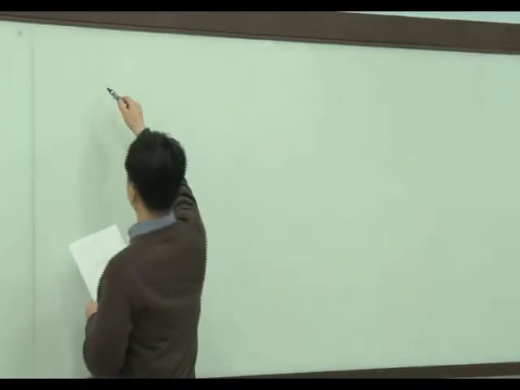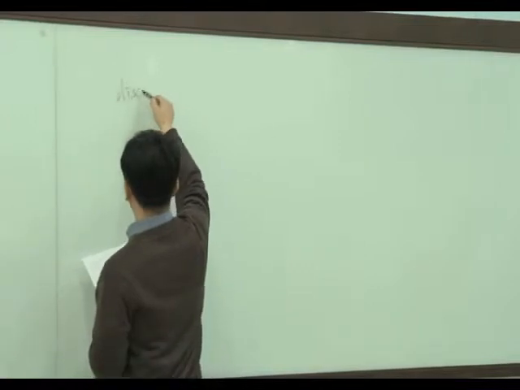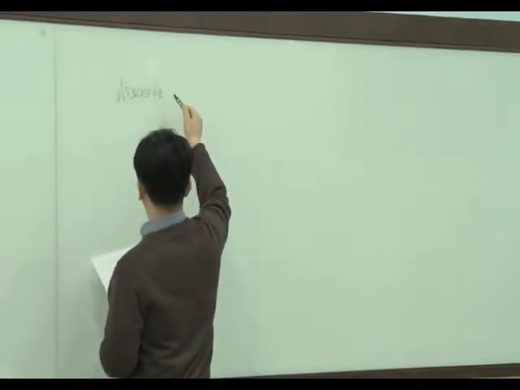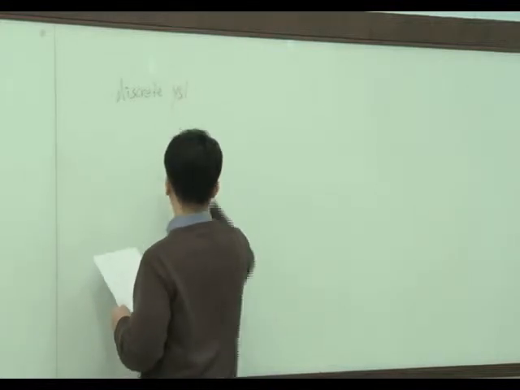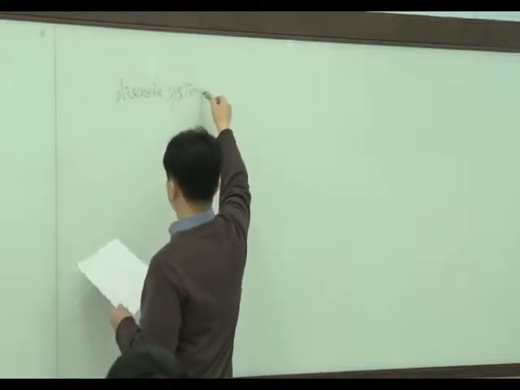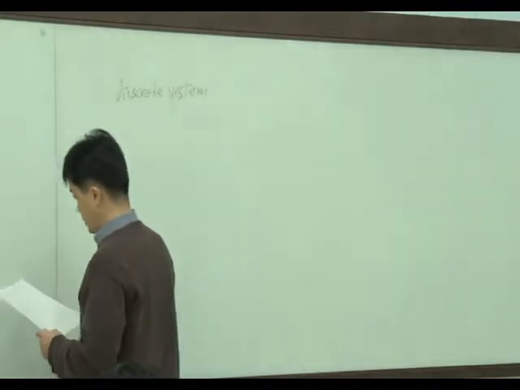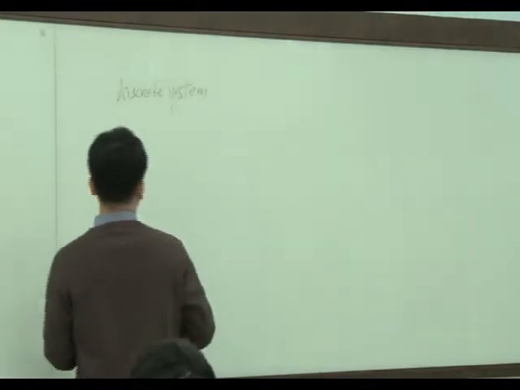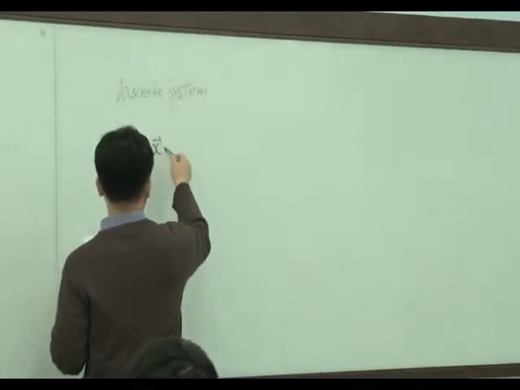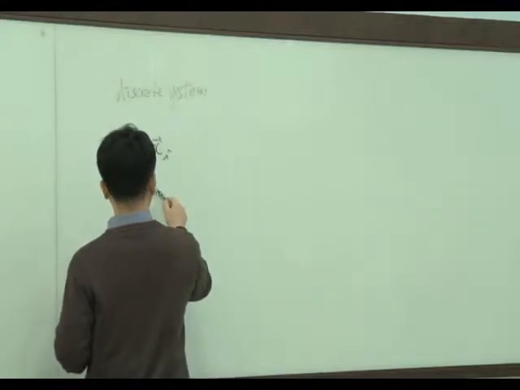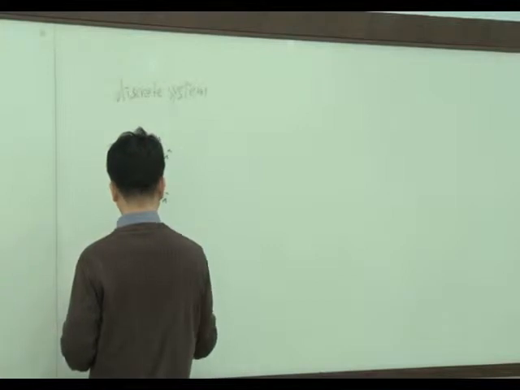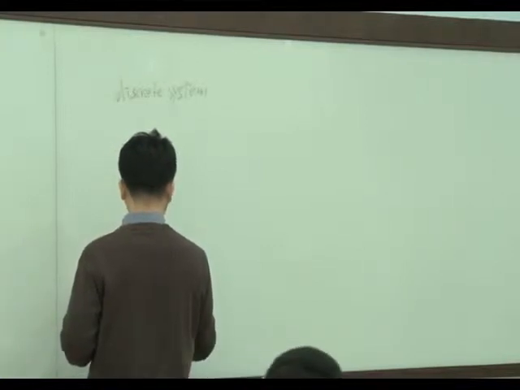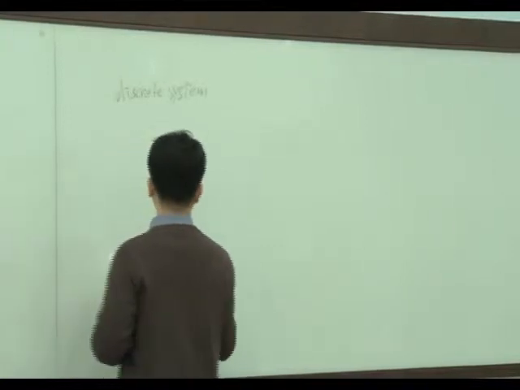So in the discrete system, we have the position of particle i, mass of particle i, velocity of particle i, and external force on particle i, right?